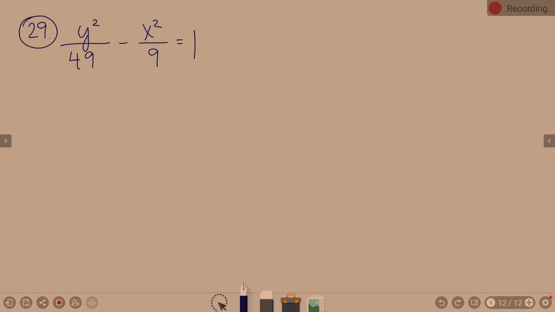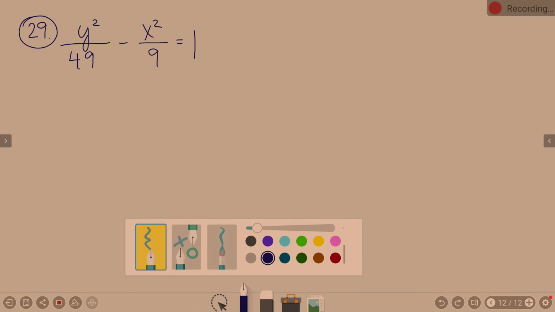Okay, 29. Y squared over 49 minus x squared over 9 equals 1. This is a y squared comes first, yes. And with it being the subtraction type, we know that this is a second column hyperbola.